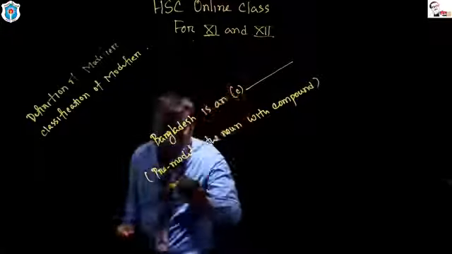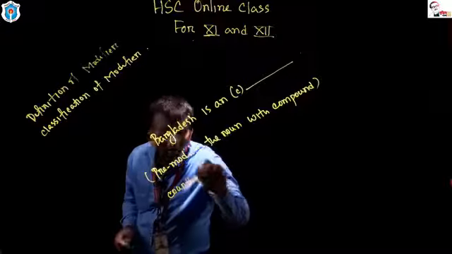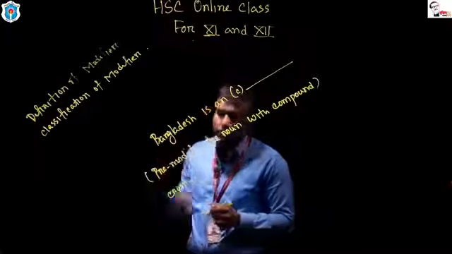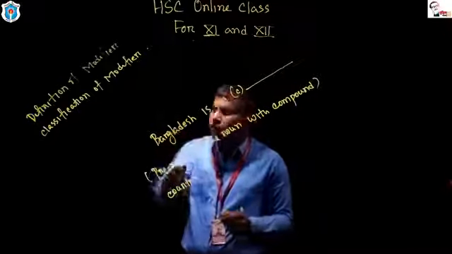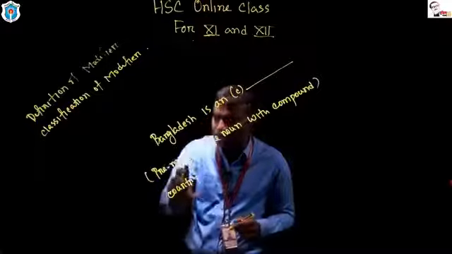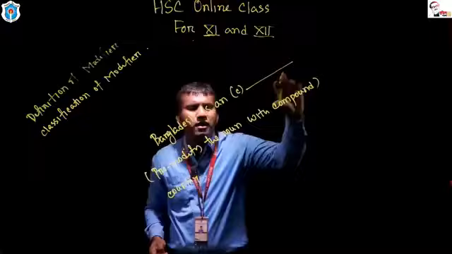Bangladesh is an dash country. Dear students, Bangladesh is an dash country. You have to modify the word country. That's why I have written pre-modify the noun. The noun is country. You have to use a pre-modifier, but this pre-modifier must be a compound.